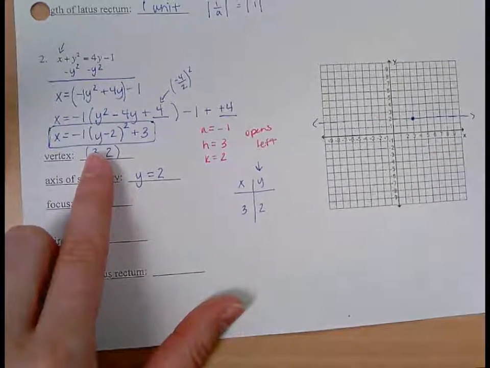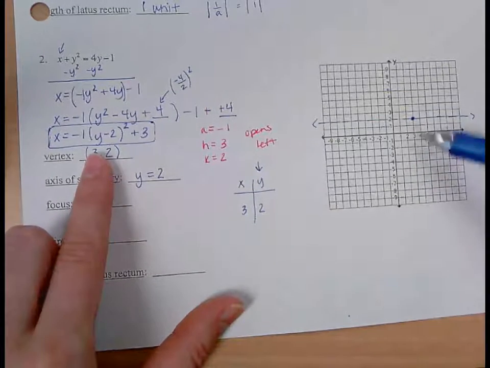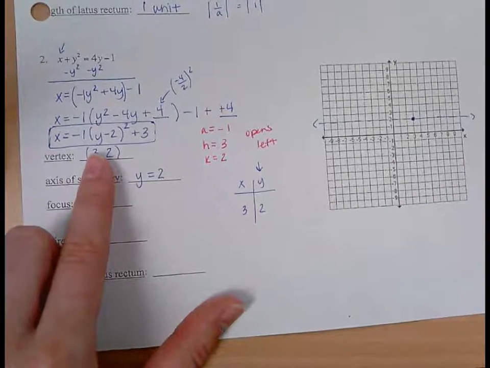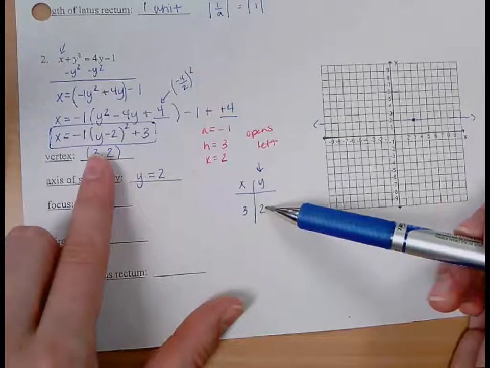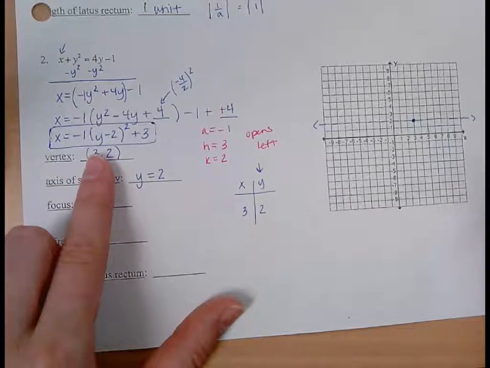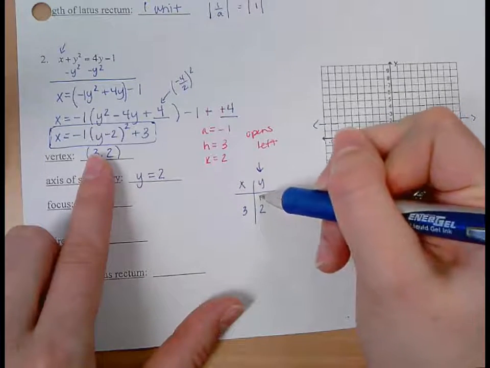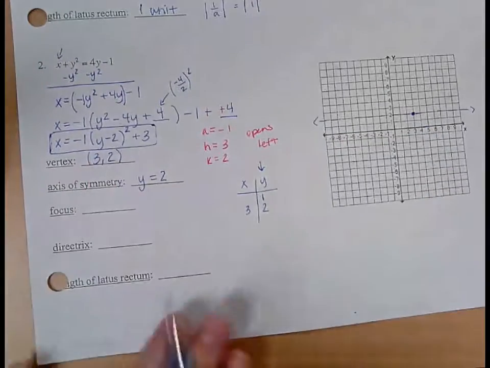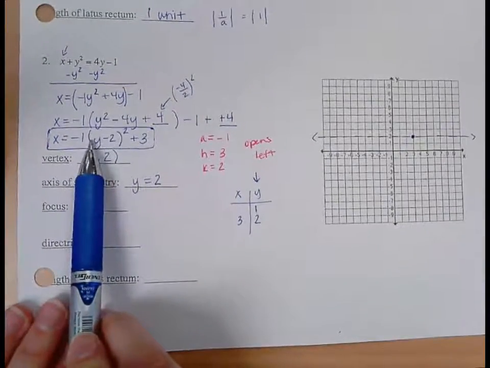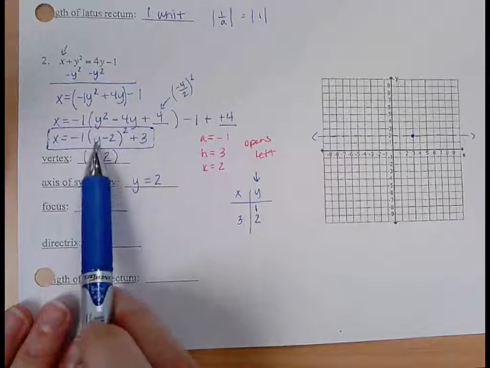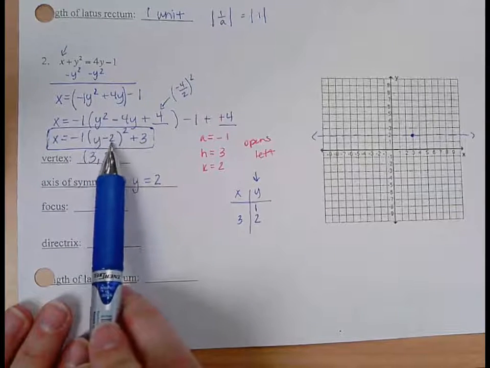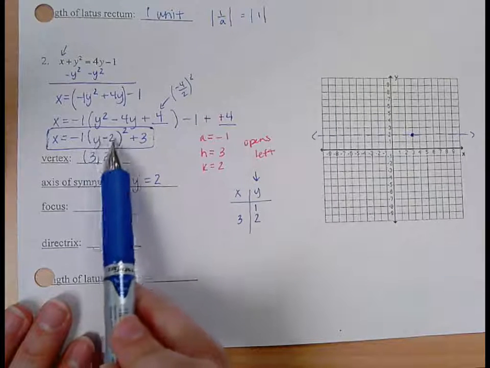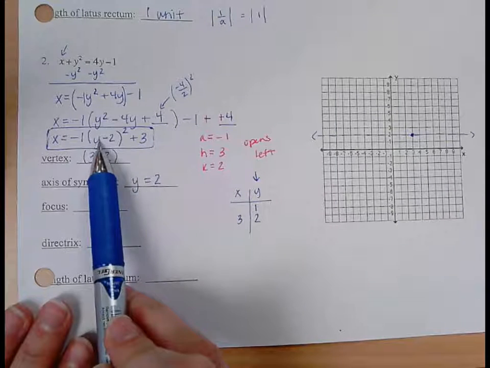So you still need to find 1 point. We'll be able to reflect it over our axis of symmetry to find another point, but substitute in a y value. So if I have the y value 2 for my vertex, I could probably substitute in the y value 1. And so I'm putting that in for y. So I have 1 minus 2 is -1. I have to square that first. -1 squared is +1.